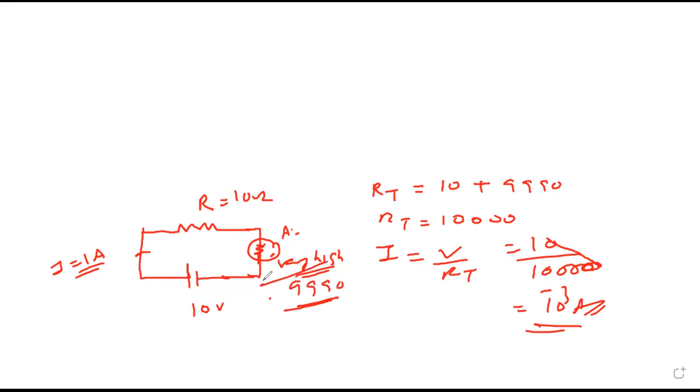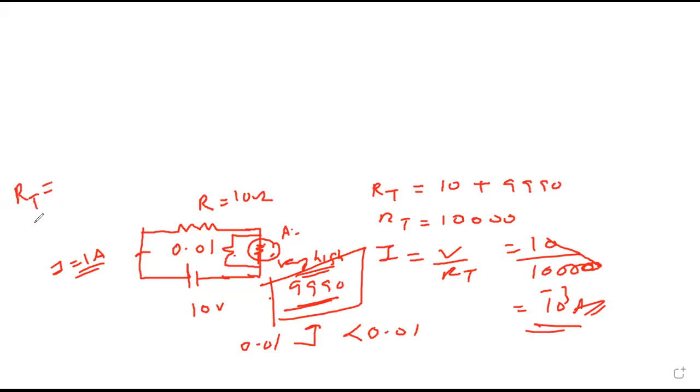So I should try to make this high resistance as low as possible. When you connect a resistance in parallel, then equivalent resistance is lesser than least. That means if I connect it with parallel resistance of suppose 0.01, then 0.01 and 9990 in parallel will be less than 0.01.